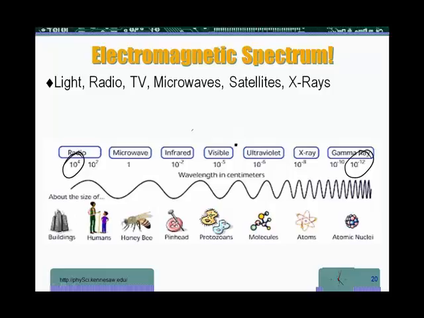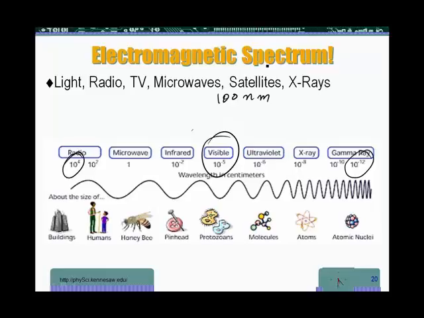And visible light, what we usually call light, is electromagnetic waves that have a wavelength range of about 10 to the minus 5 centimeter. 10 to the minus 5 centimeter is about 100 nanometers, if you recall that a nanometer is 10 to the minus 9.